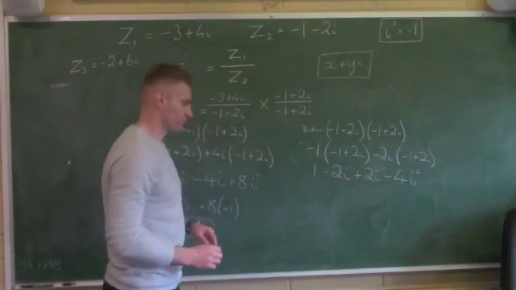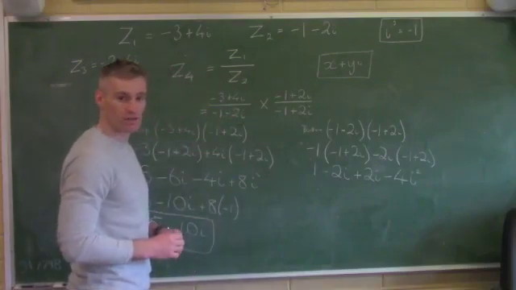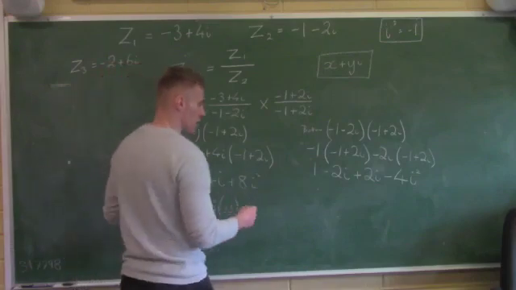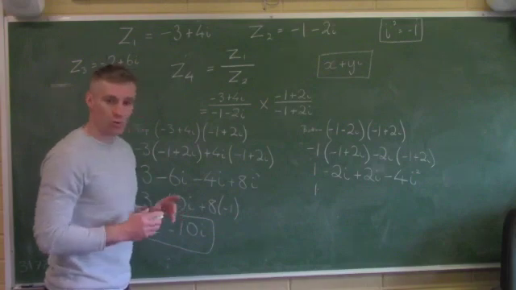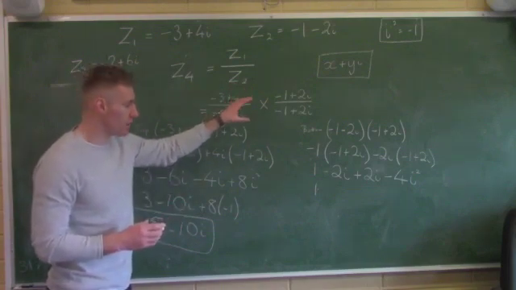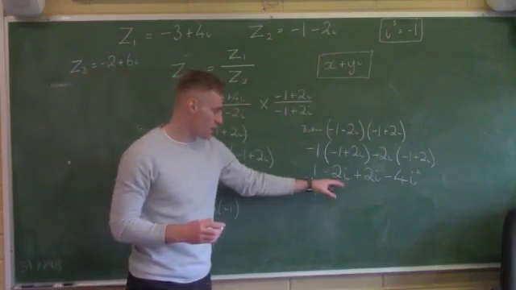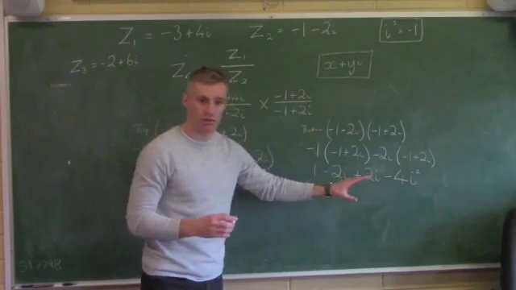Alright? i squared again. What we're told at the start of the question is minus 1. Again, like I did previously, I've 1. The whole reason we're multiplying out by the conjugate of the bottom is for this to happen. Minus 2i plus 2i is 0.